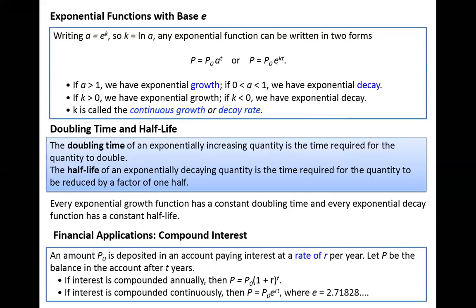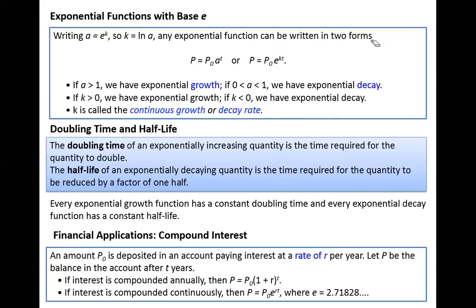Okay, one more time. P equals P sub 0 a to the power of t, which I think we remember from last week, and P equals P sub 0, the same P sub 0, e to the power of kt.